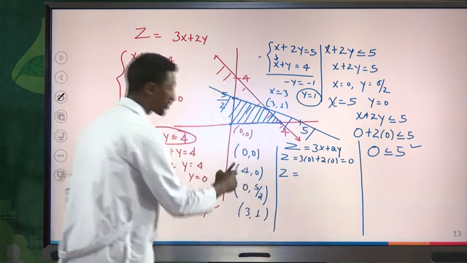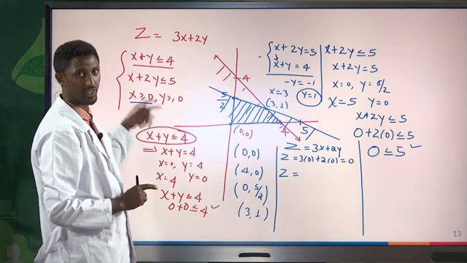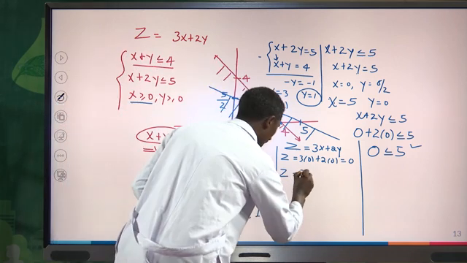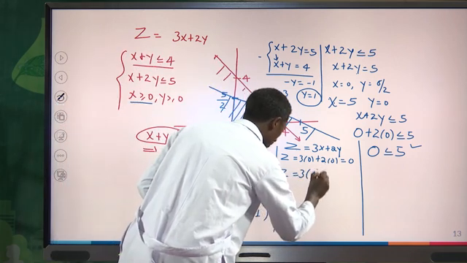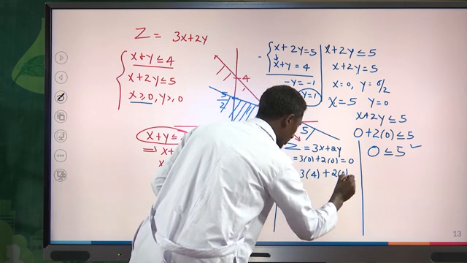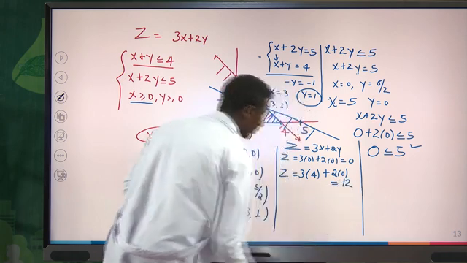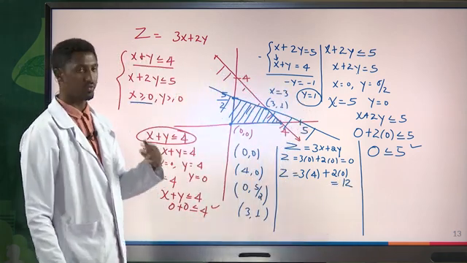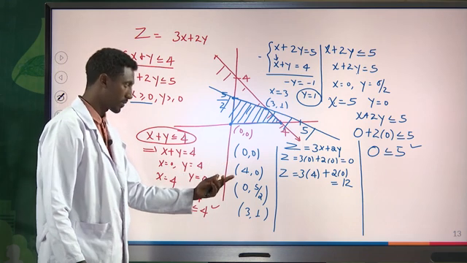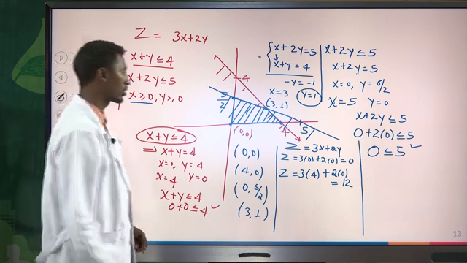So z at (4, 0), where x represents the number of chairs and y represents the number of tables: 3 times 4 plus 2 times 0. This value is equal to 12. When a company makes 4 chairs and 0 tables, the company can make a profit of $12.